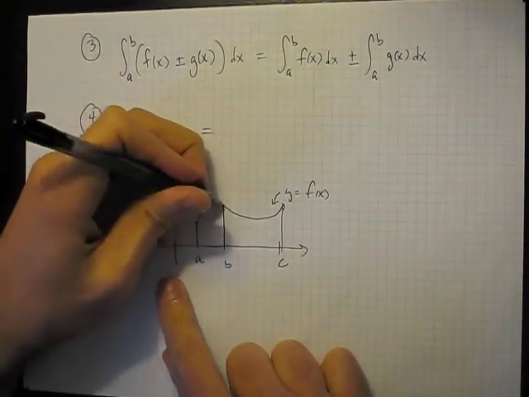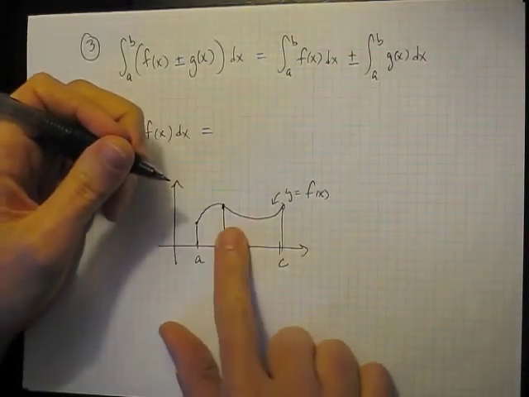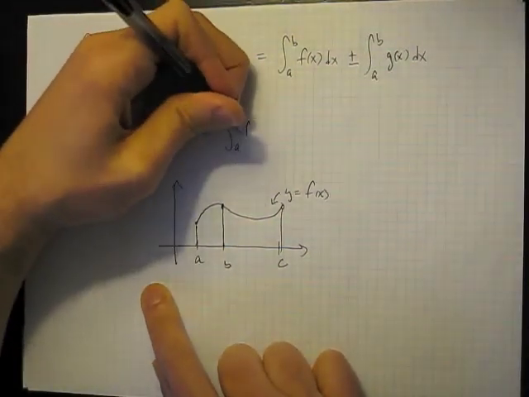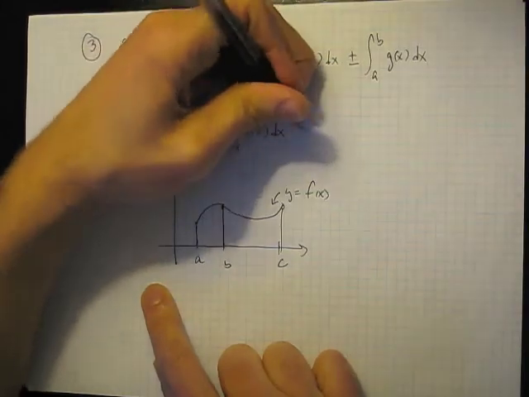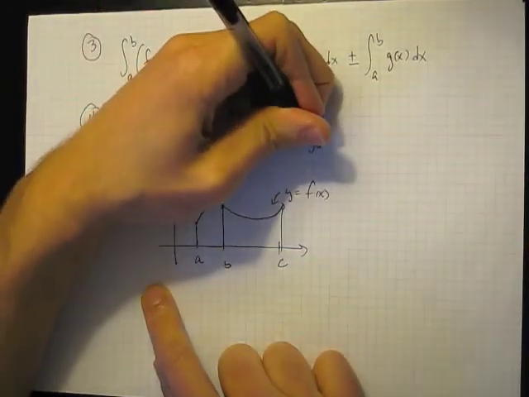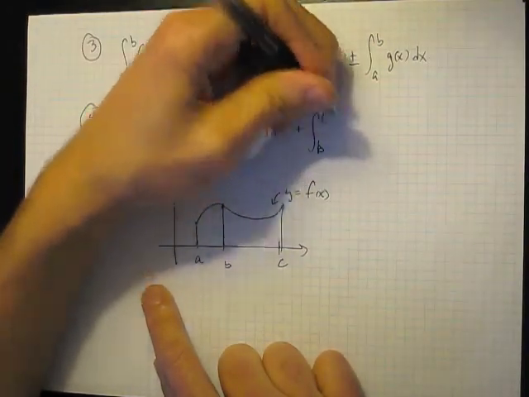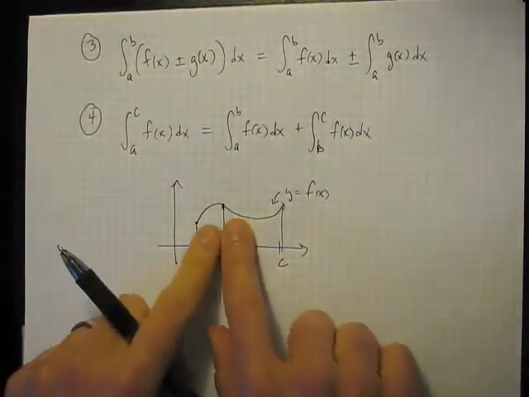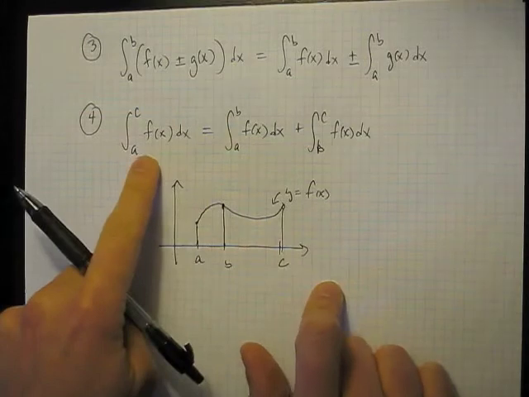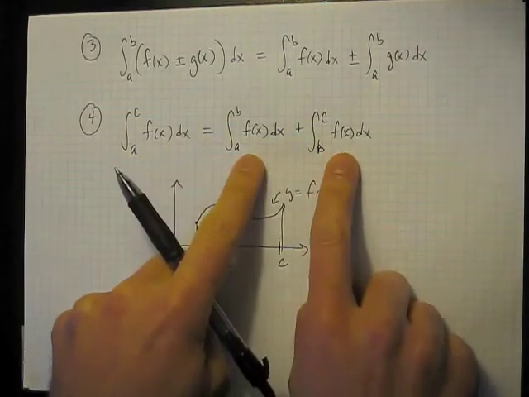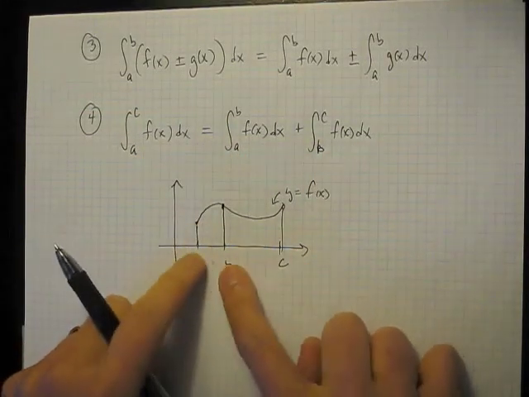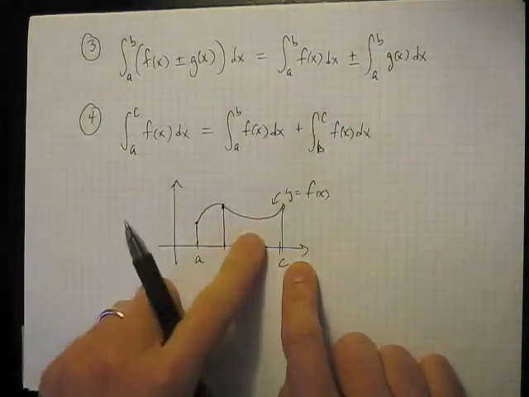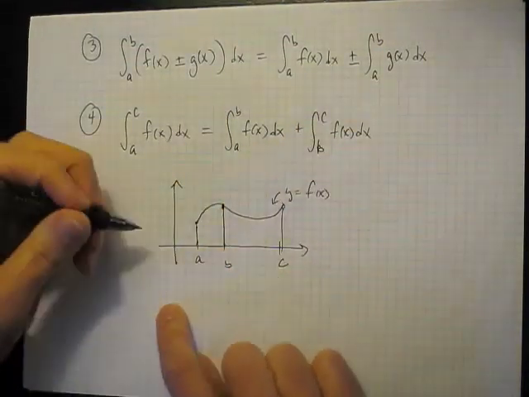The integral from a to b will be that area, and the integral from b to c will be that area. So we can split this into 2 different integrals. Okay, so that is to say all of the area, which is represented by this, is equal to the sum of these 2 separate areas. So the integral from a to b is that one, the integral from b to c is that one.